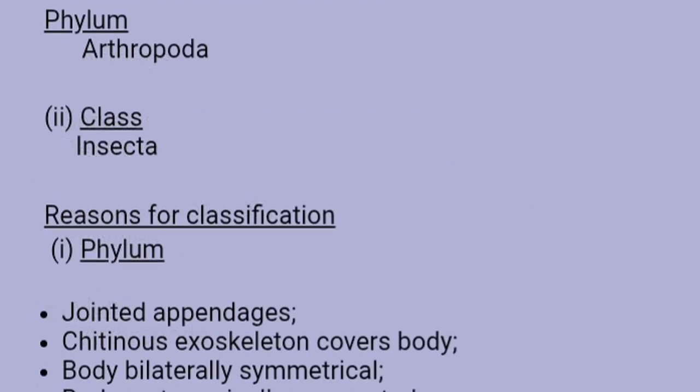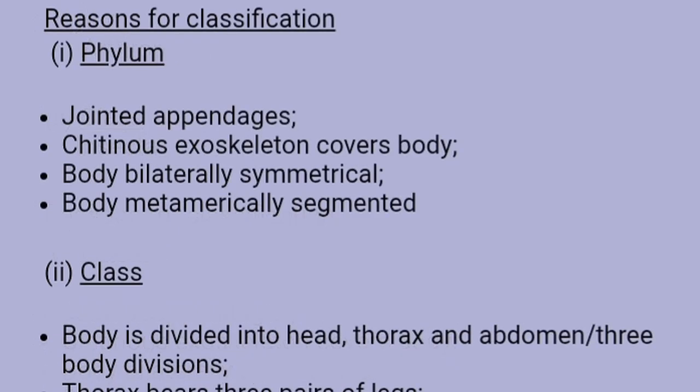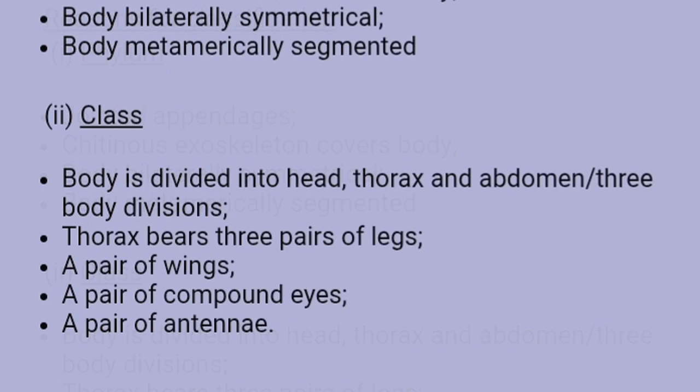So, the phylum is Arthropoda, the class Insecta. Okay, reason for classification. Why are we saying the phylum is Arthropoda? It has jointed appendages, a chitinous exoskeleton that covers the body, it is bilaterally symmetrical, and the body is metamerically segmented. And reason for classification as class Insecta: the body is divided into head, thorax, and abdomen, 3 body divisions.